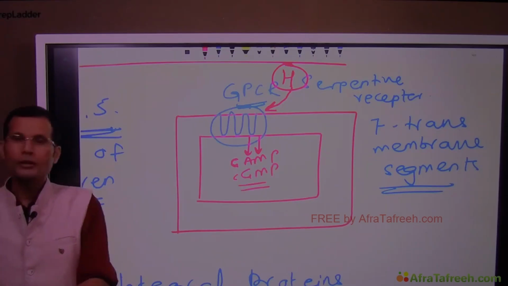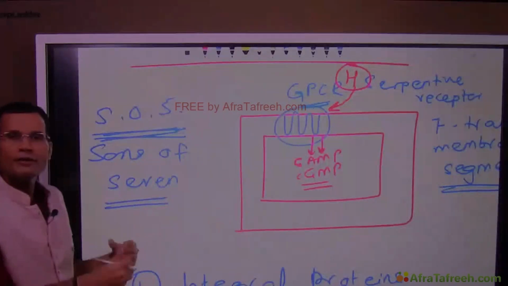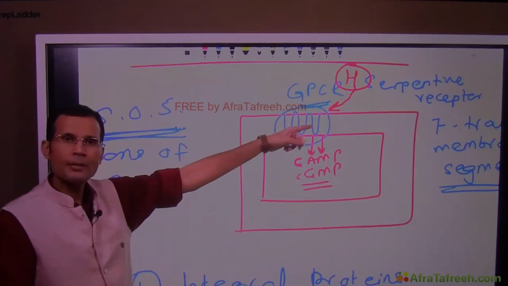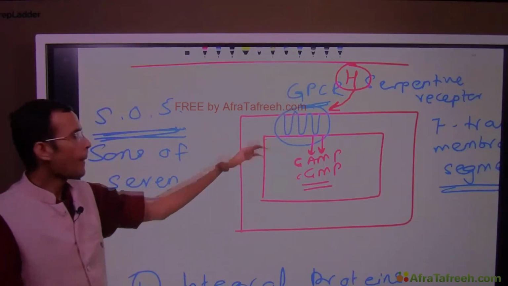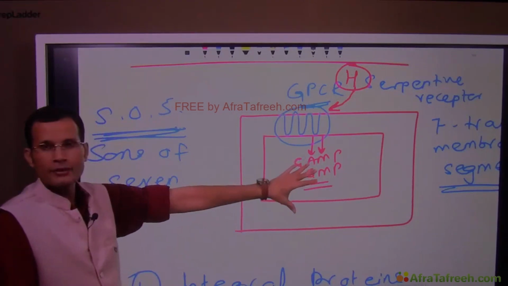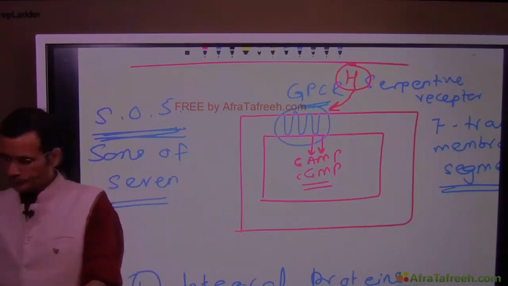Now all these are called as sons of 7, kids of 7, because this receptor has 7 transmembrane segments. So when hormone combines with this receptor, its intracellular products which are formed, second messengers, they are called as sons of 7, right?